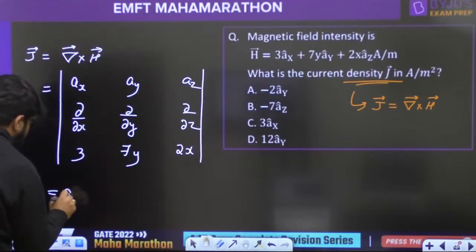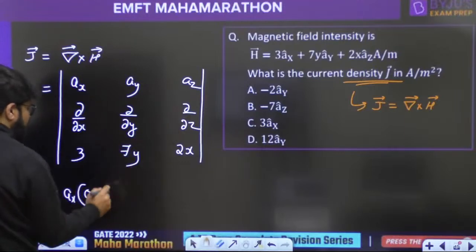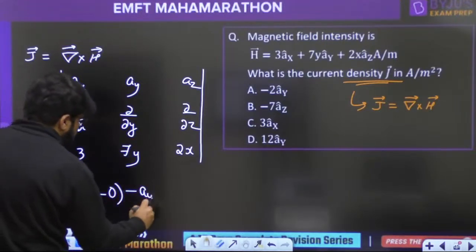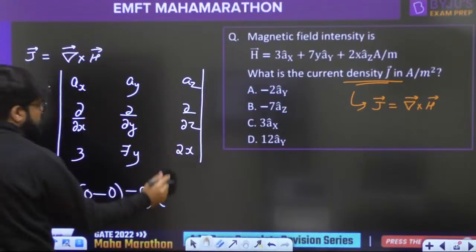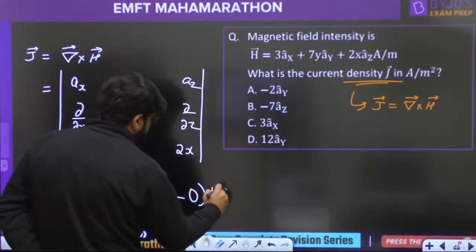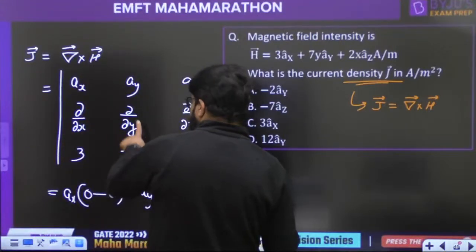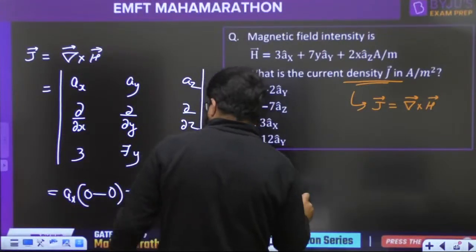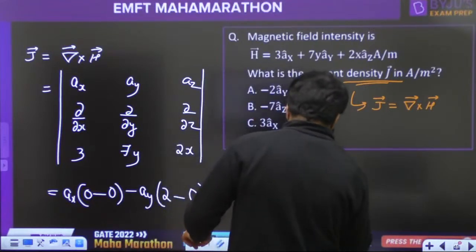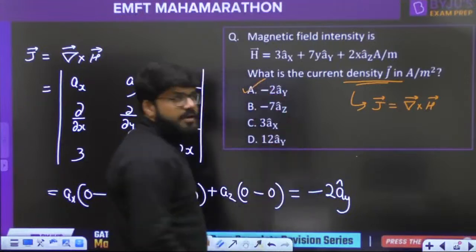So how much is this equal to? ax, del by del y of 2x is 0, del by del z of 7y is 0, minus ay, del by del x of 2x is 2, del by del z of 3 is 0, plus az, del by del x of 7y is 0, del by del y of 3 is 0. So only the y component is there. Answer is minus 2ay. That means option number A.